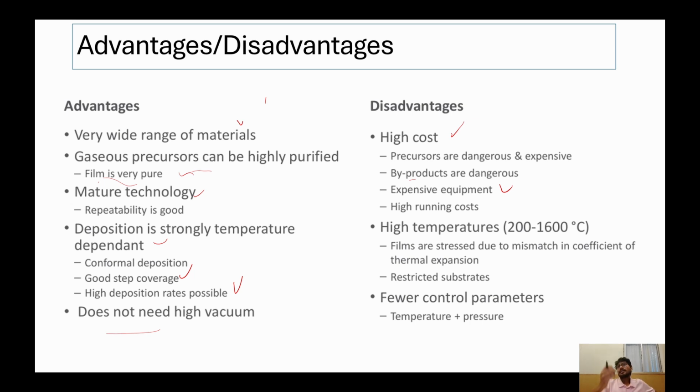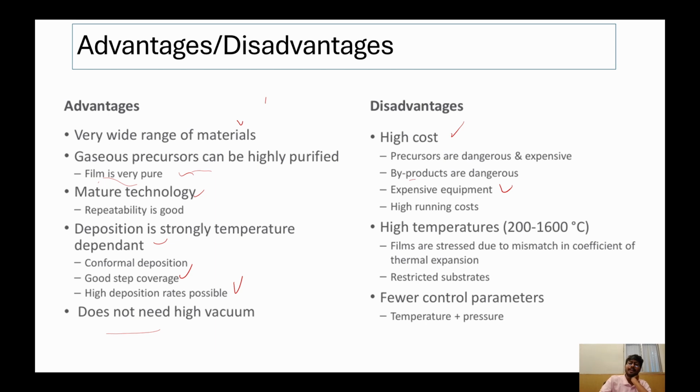Load lock, in the sense, there are two chambers separated by a membrane kind of thing, and you load your substrate in the outer part of that chamber. There the vacuum is not that high, and can be attained within minutes, but inside there is very high vacuum. Okay, so that comes at a very high price.